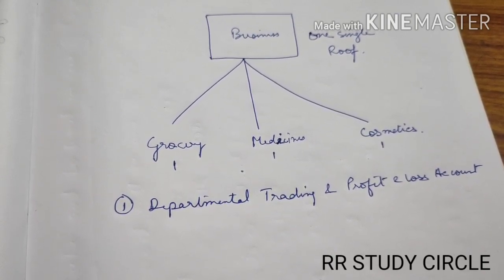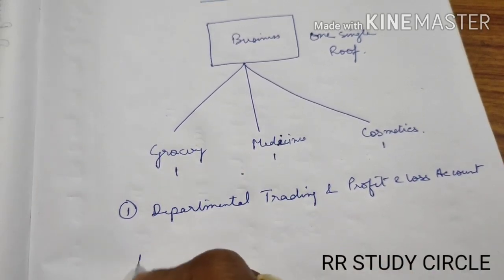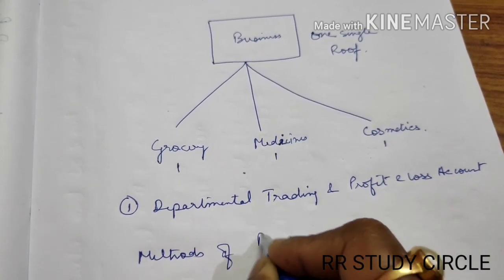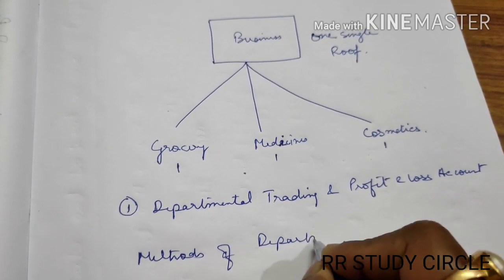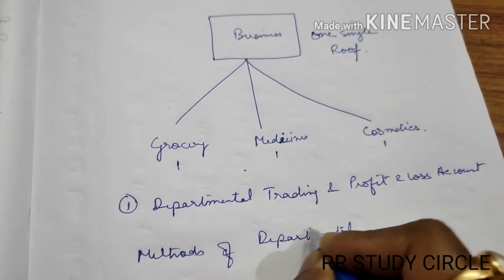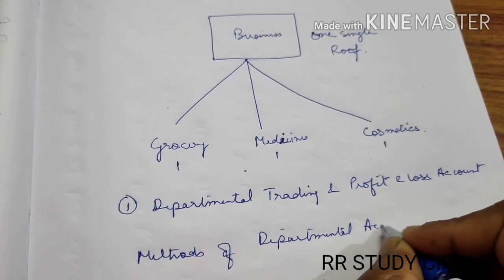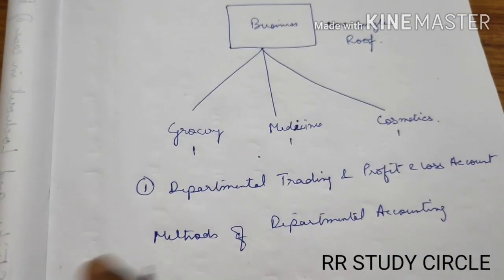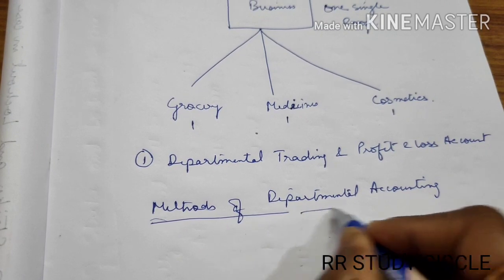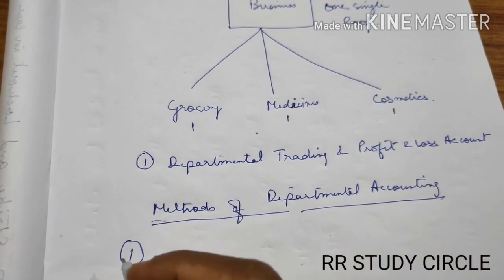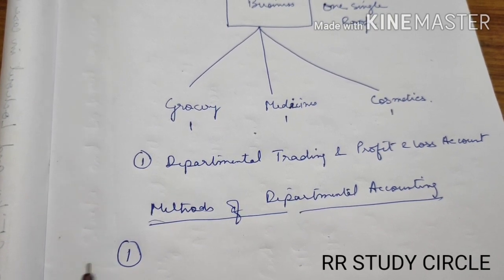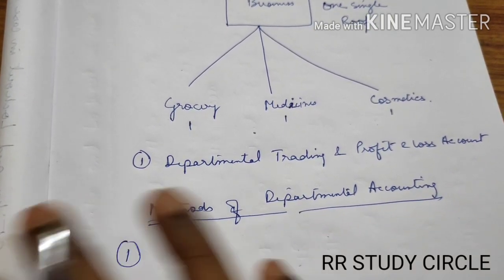Now how are the departmental accounts prepared? There are two methods of departmental accounting. What are the two methods? The first method is that they can keep their accounts separately, department wise.